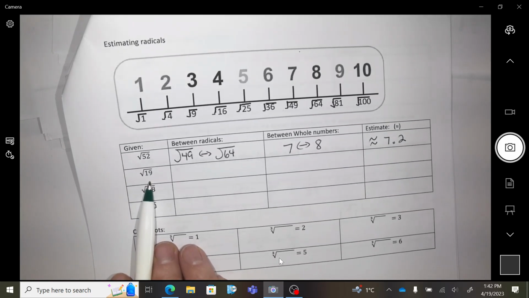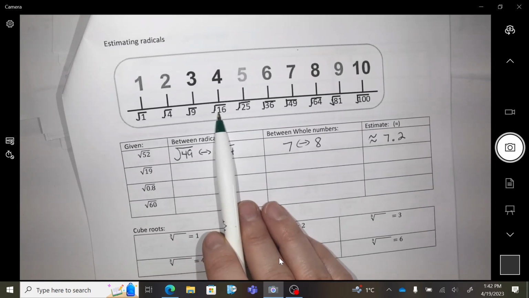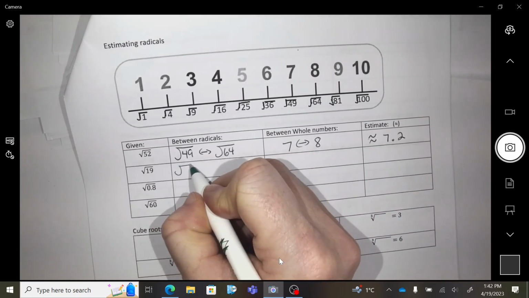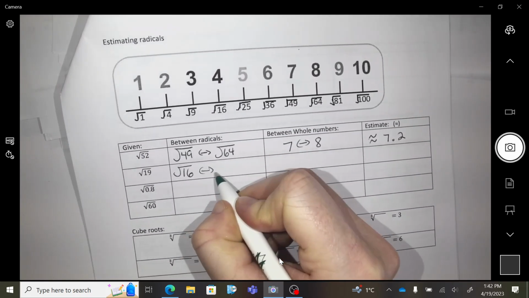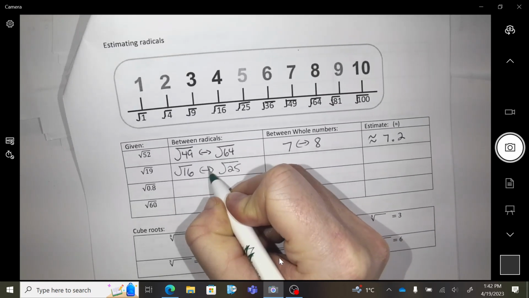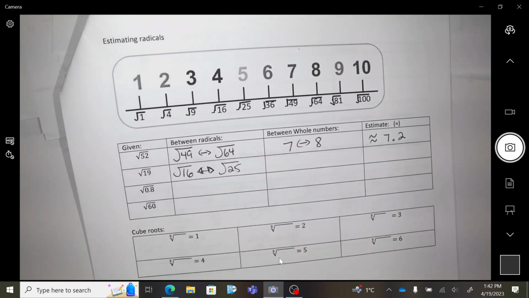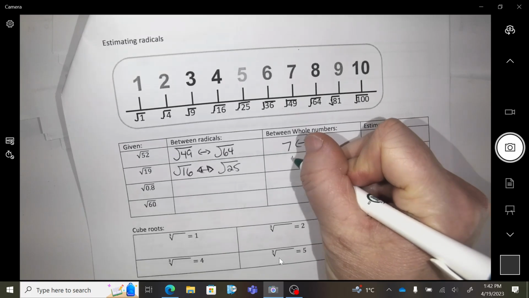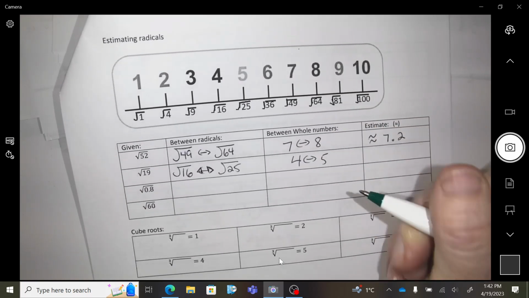Where does 19 fall? We're between the perfect 16 and the perfect 25. So therefore, my number will be between a 4 and 5.